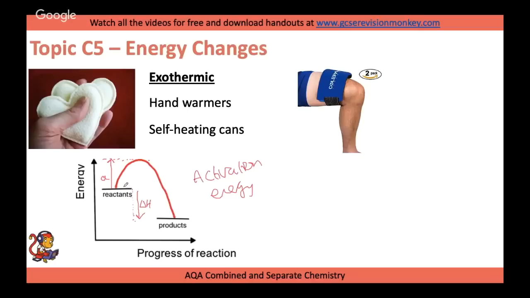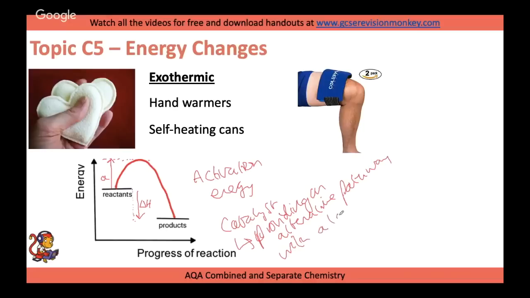And the final thing is a catalyst. You may see the effect of a catalyst, which is to lower the activation energy. So a catalyst does two things. Yes, it speeds up a reaction, but it does this by providing an alternative pathway with a lower activation energy.